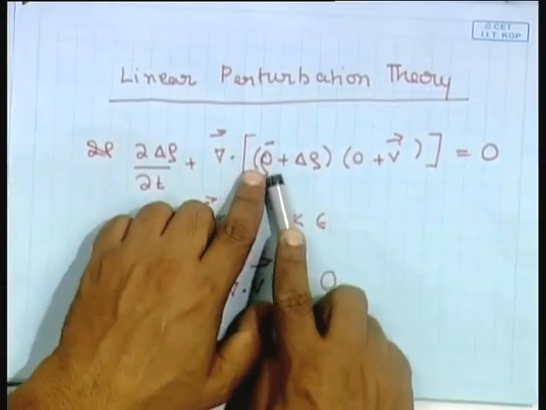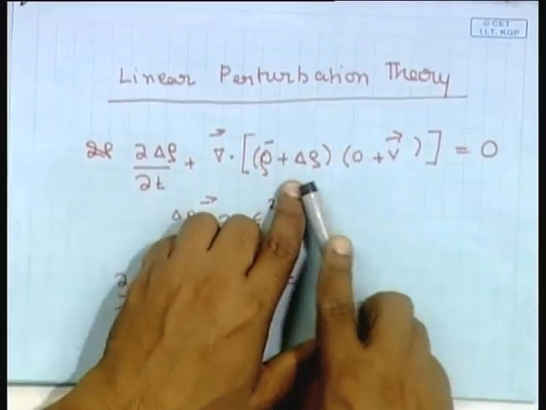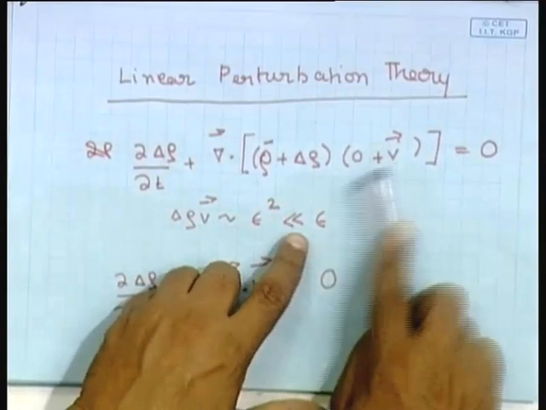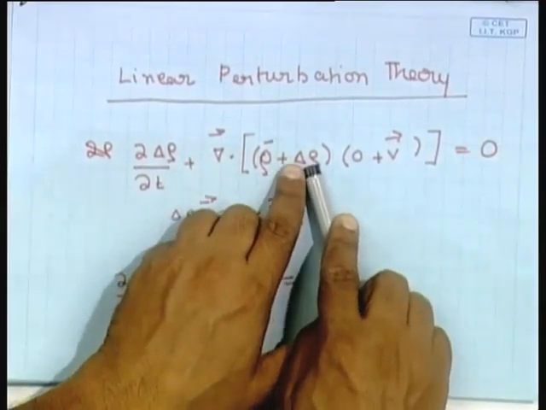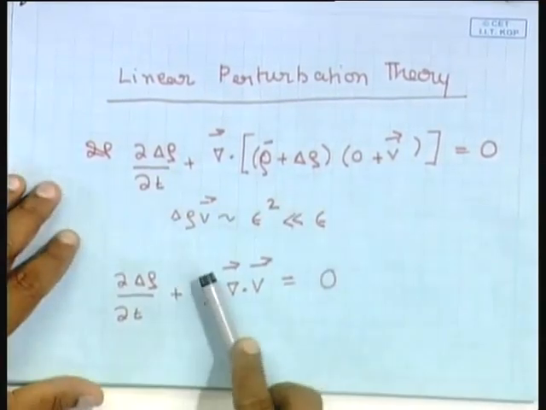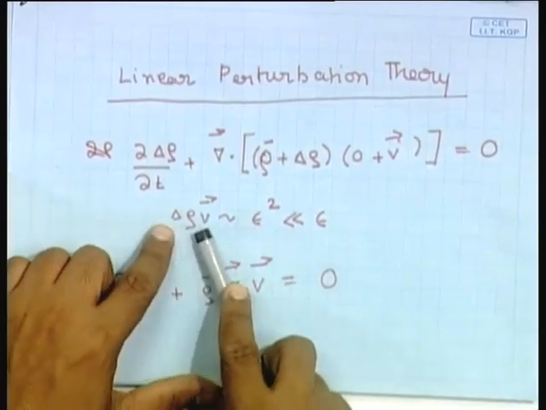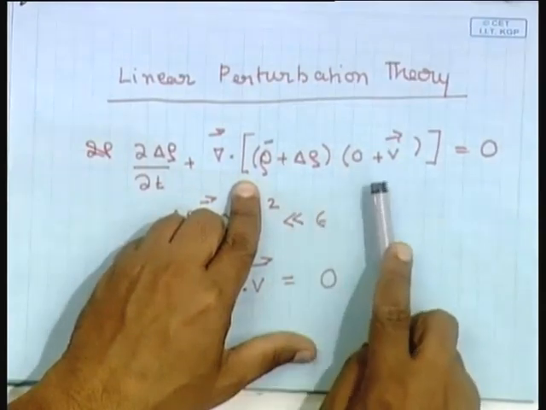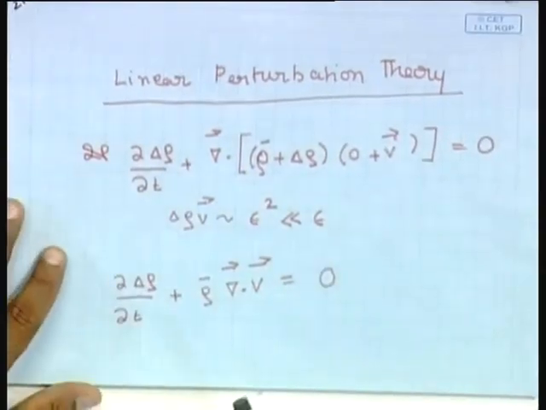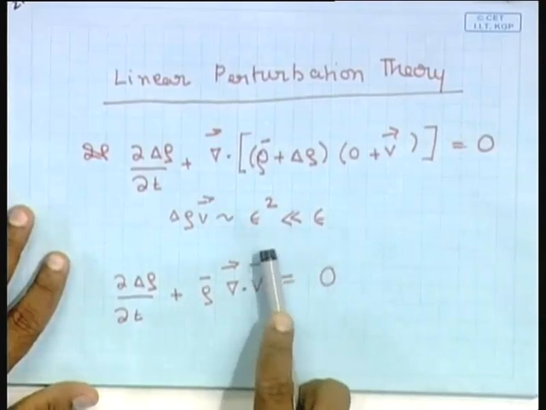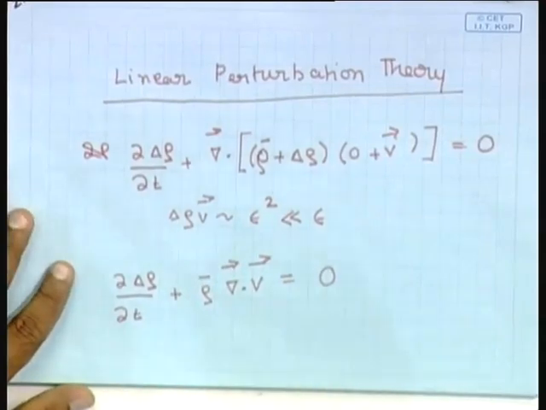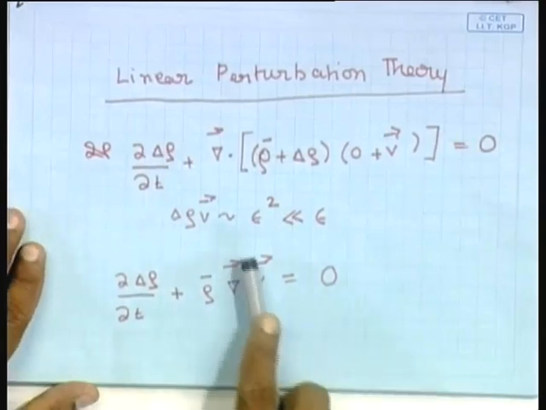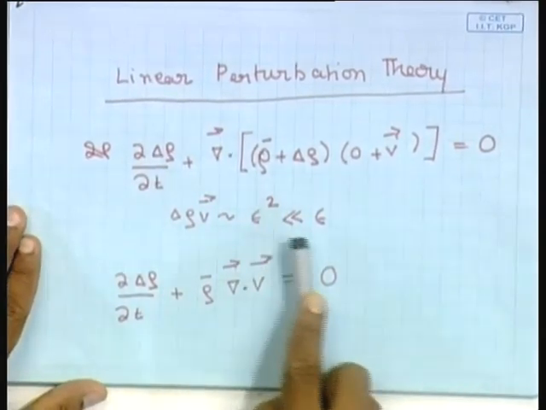Now here you have one term rho bar into 0 which cancels out, you have another term rho bar into v which is of order epsilon, and there is another term delta rho into v which is of order epsilon square. Now here we have two terms, one of order epsilon, the other of order epsilon square. We are assuming that epsilon is a small number, all these fluctuations are extremely small, characterized by this small number epsilon. So a quantity of order epsilon square is much smaller than this.